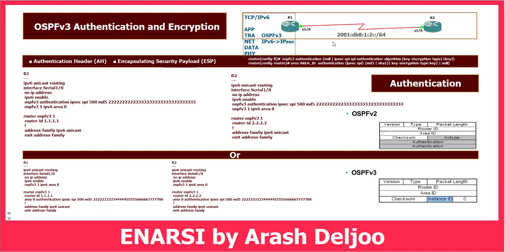We enable IPsec, and after that we can ensure that we have authentication, or if you want encryption, between two sides. Because of that, in OSPF version 3 we don't need to support authentication between two routers, because we can secure the OSPF functionality with the IPsec of the IPv6 protocol.